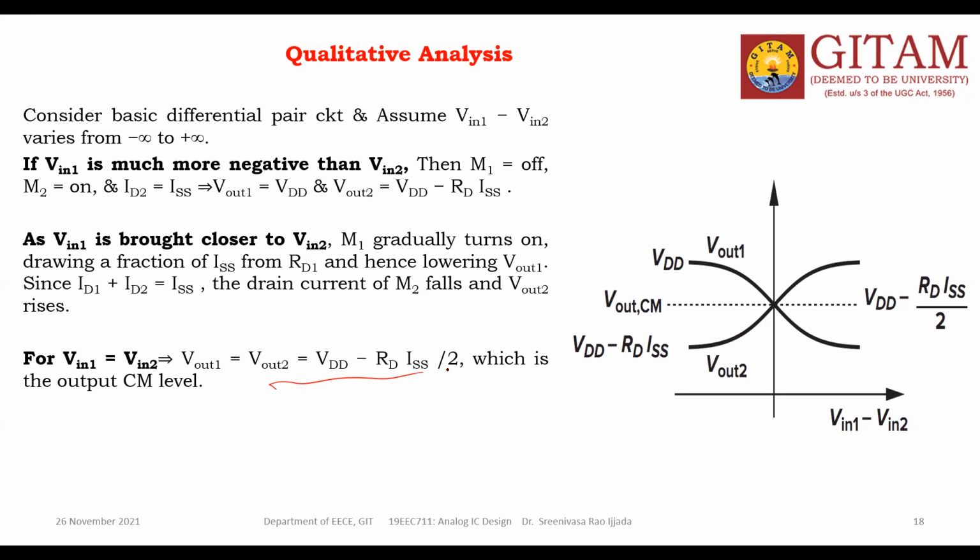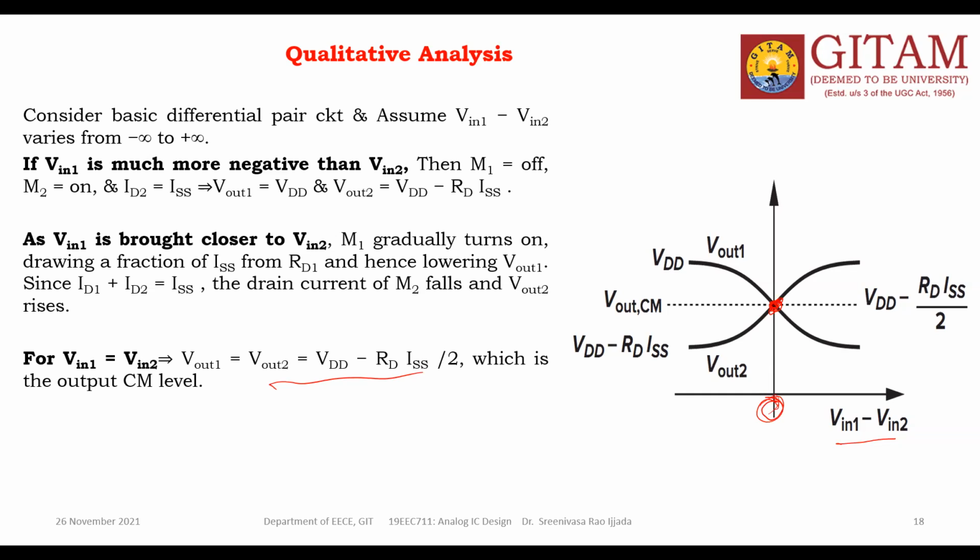This is the output CM level. This is the voltage whenever the difference is 0. Which difference? Input voltage difference. Whenever both inputs are the same, the difference is 0. At that time, what is your output voltage?